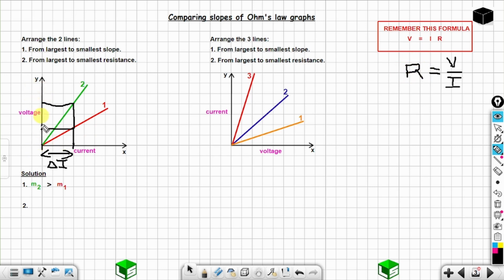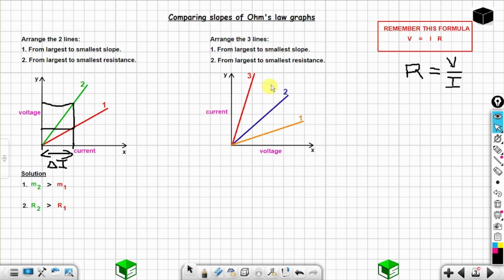The larger the voltage, the larger the resistance. This has got a smaller resistance because of a smaller voltage. So this resistance is greater than this resistance.